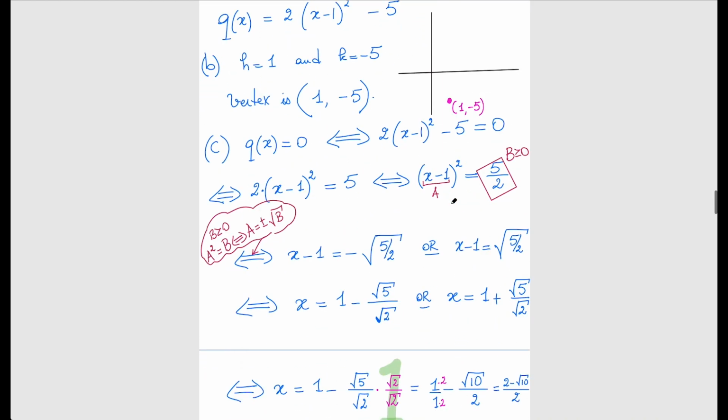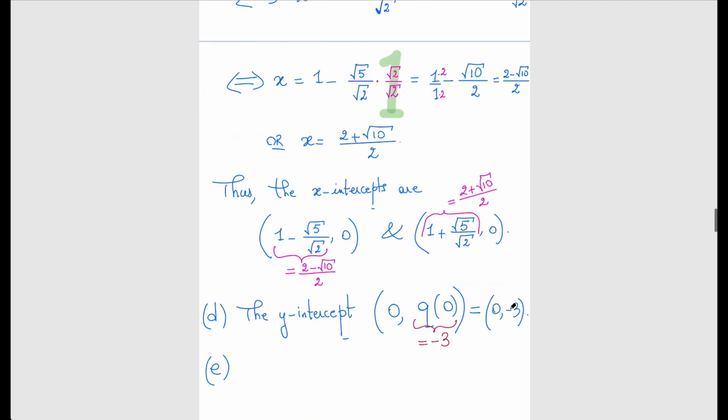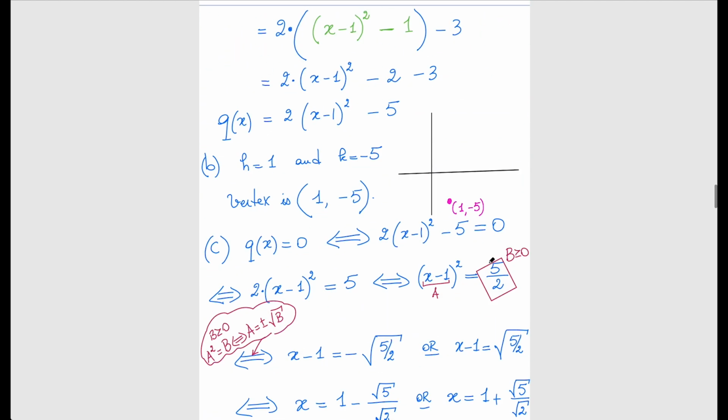Where is that point? It's 0 comma negative 3, correct? We found it. So it's going to cross at negative 3. So let's say here. I didn't hit it, so I'm going to erase it. So let's say here. That's the y-intercept, 0 comma negative 3.